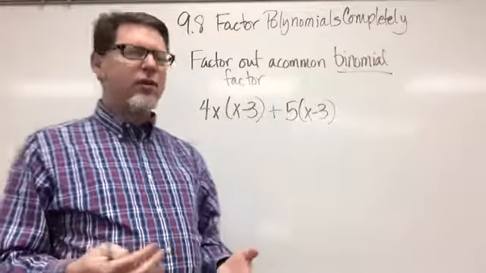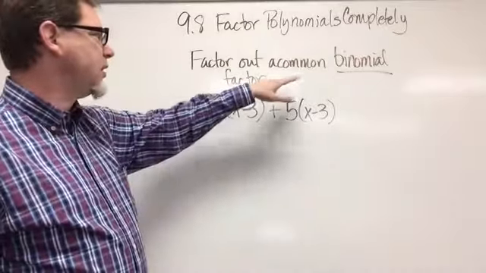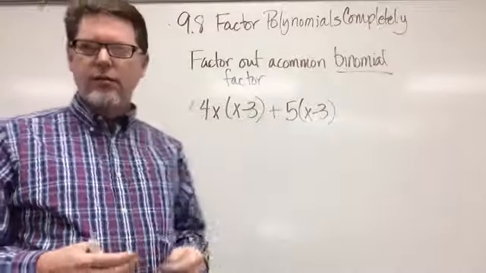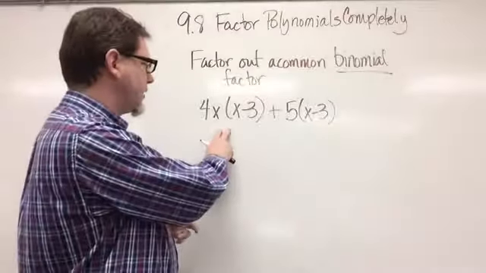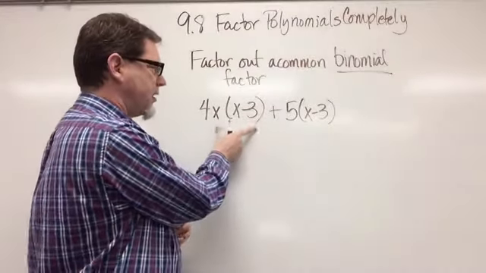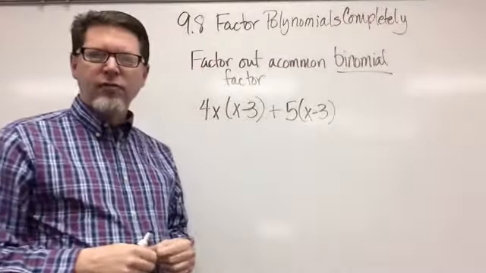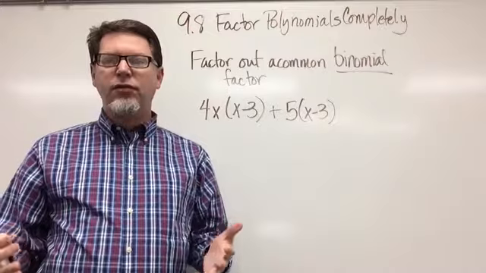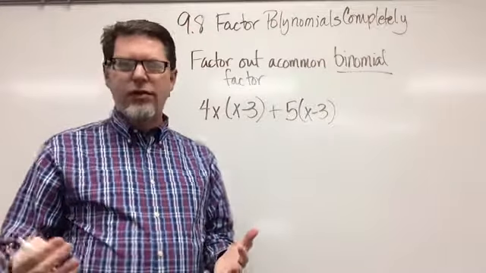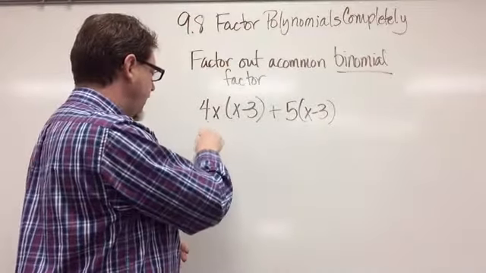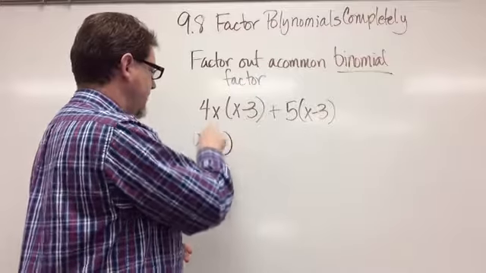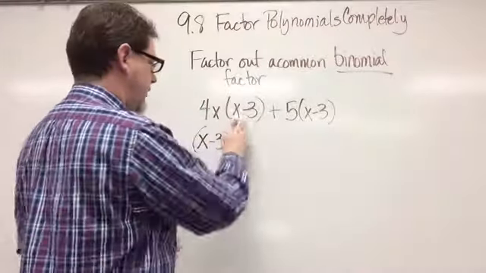So the first thing that we're going to look at is factoring out a common binomial factor. I have 4x times the quantity of x minus 3. That would be one group. And then 5 times the quantity of x minus 3. Well, what's the greatest common binomial factor? X minus 3. So I'm going to factor out x minus 3 from each of these.